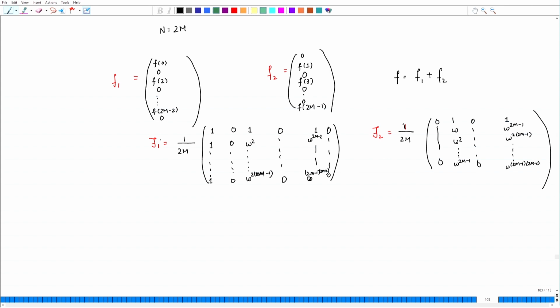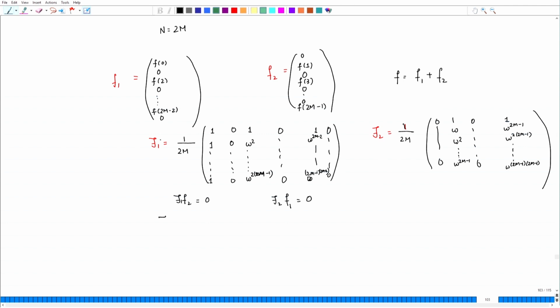Now, if you act F1 on f2, a priori we know that this is equal to 0, and similarly if F2 acts on f1, this is equal to 0.